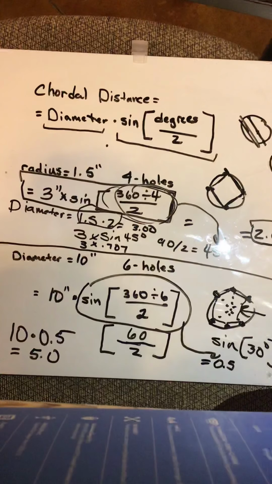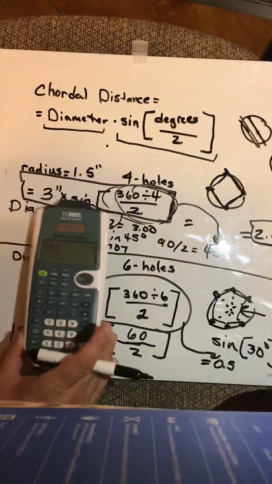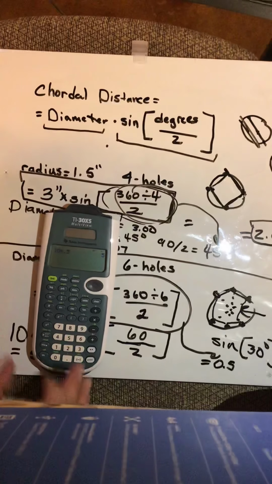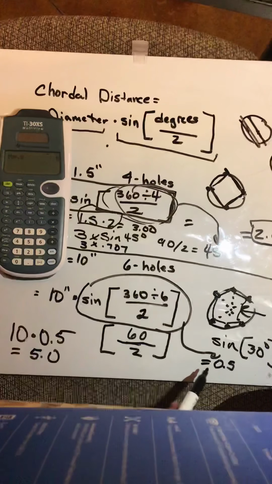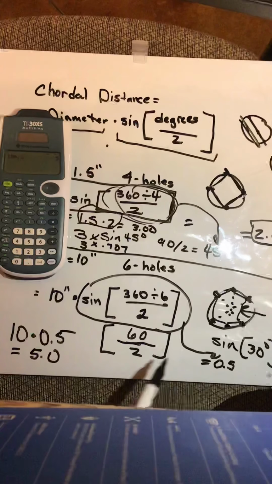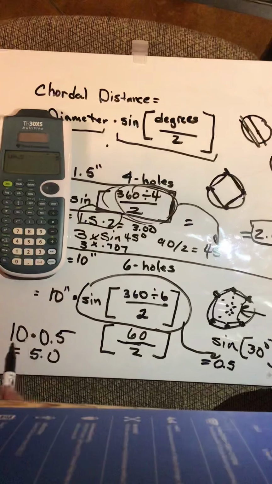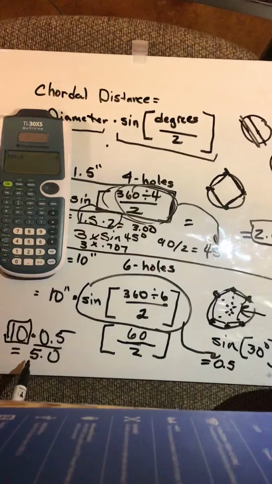Let's divide and multiply. I'm going to take that and multiply by 10, my diameter, times this, which gives me 5.